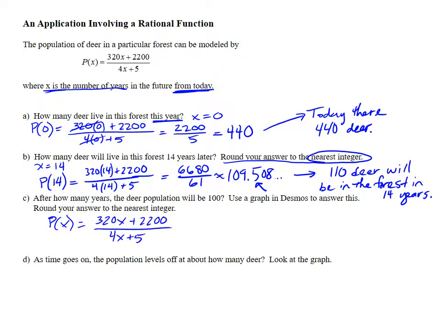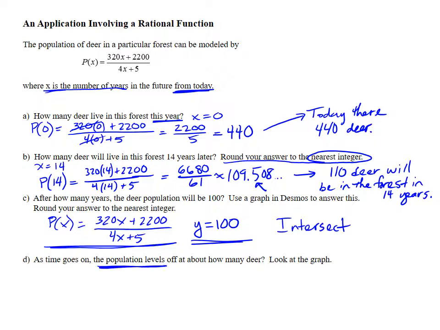And we want to see where it's equal to 100. That would be graphing the horizontal line of y equals 100. So we graph each of these, and we want to see where they intersect. So we'll look at the intersection of those two graphs to find our answer. And then we'll look at the graph to think about when the population is going to level off and how many deer it levels off to.